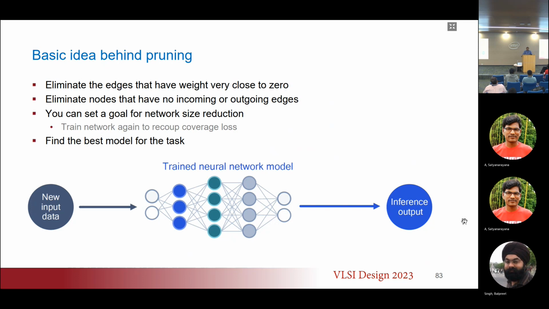Now they don't do it the way Yann LeCun had done, but it's more directly mapped into the loss function during the optimization process. It's built into that: how can I minimize the loss function while also reducing the number of nodes and edges?